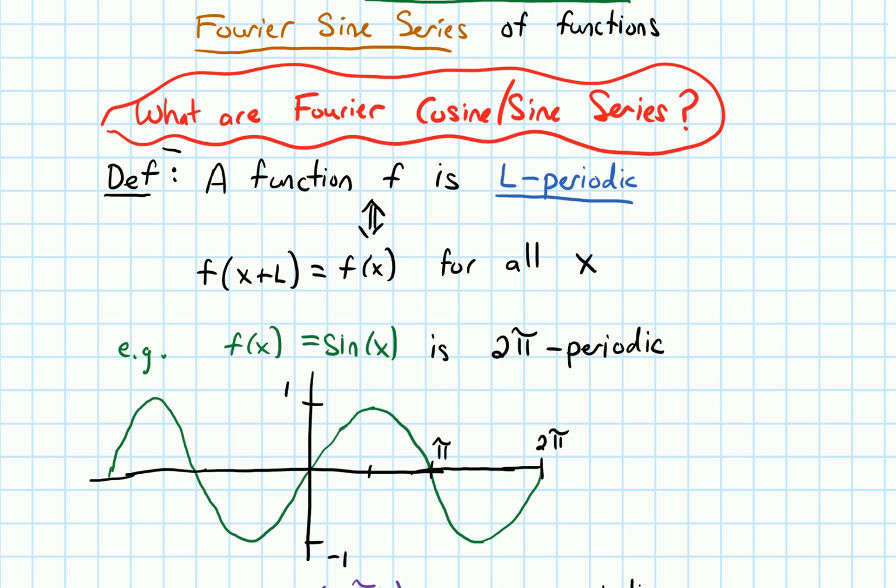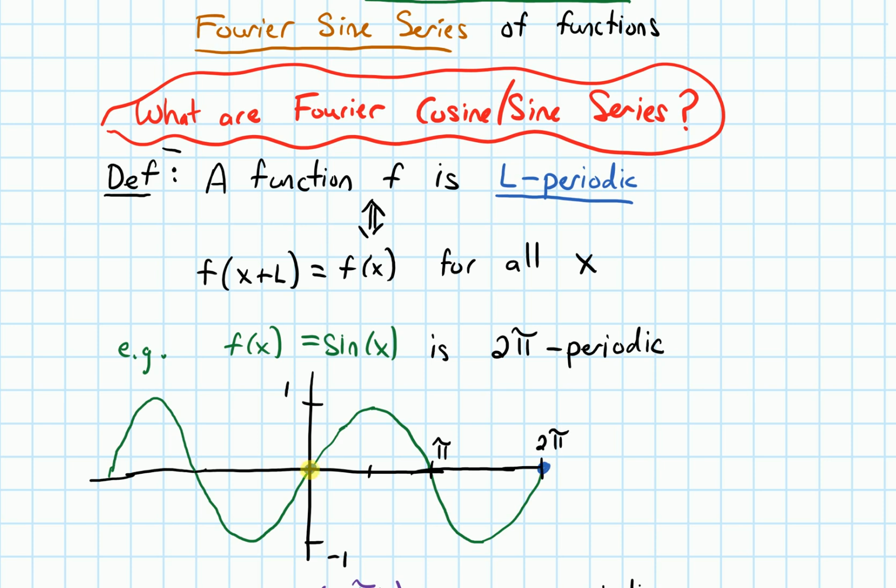Okay, so the most common examples that we have of periodic functions are trig functions. So for example, sine is a periodic function. I've drawn the graph of sine of x here, and this function is 2 pi periodic. Notice on the graph that where we are at 0 corresponds directly to where we are at 2 pi.